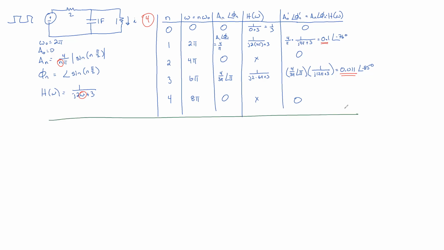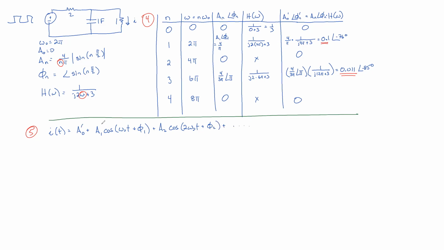And now we can do our step 5. And our step 5 is to add up the parts. So I of t will always be equal to this, and so on.